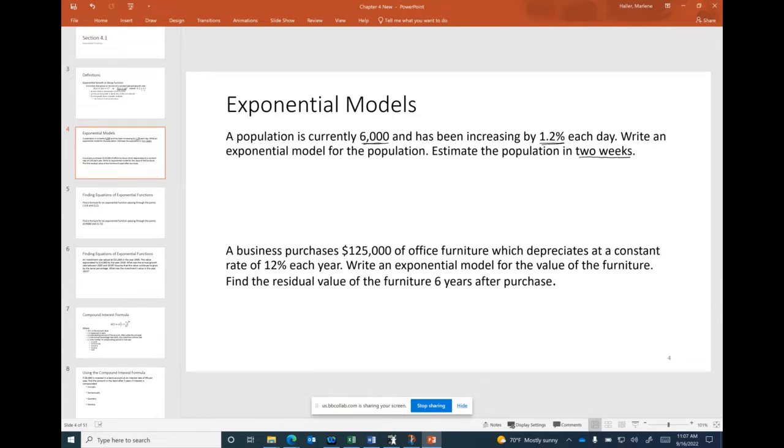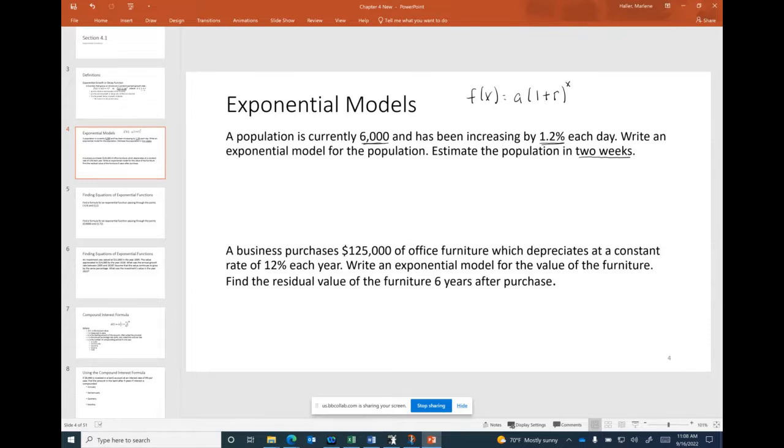All right, well, the standard form that we want to use is f(x) = a, some initial value, times 1 plus a rate, or 1 minus a rate, or b, wouldn't matter. Let's try it first with this format here. 1 plus a rate if it's growth, minus if it's decay, raised to some power, we'll call that x.